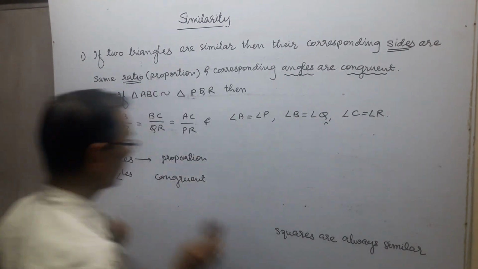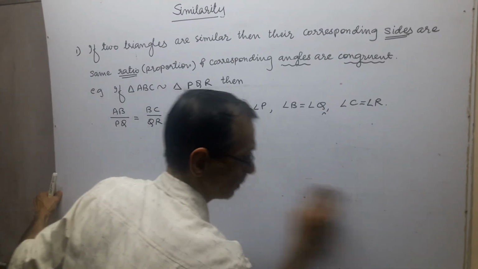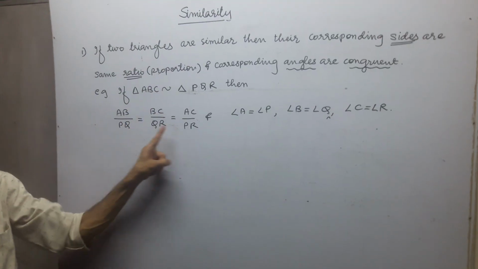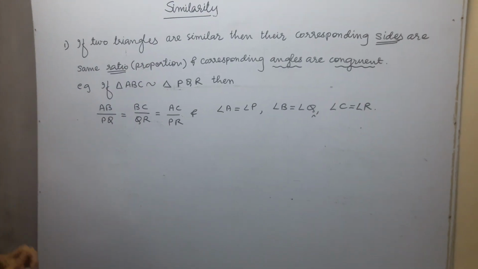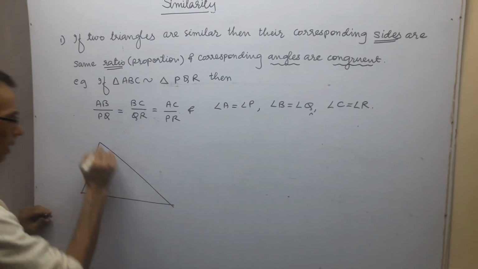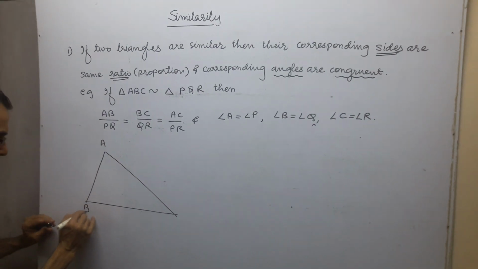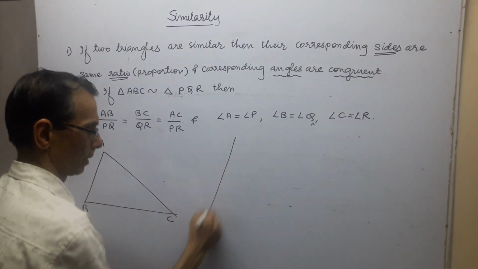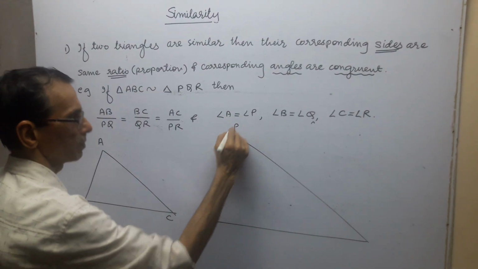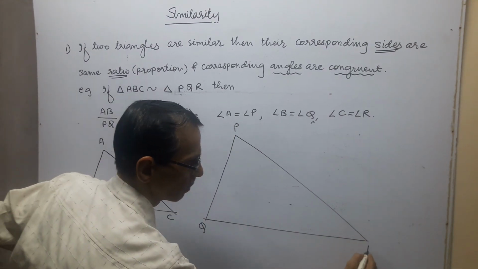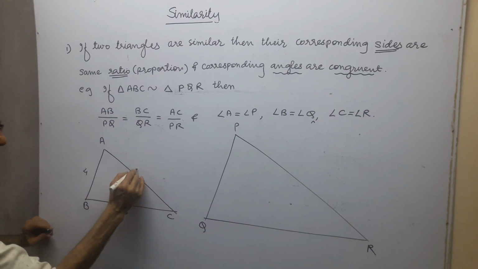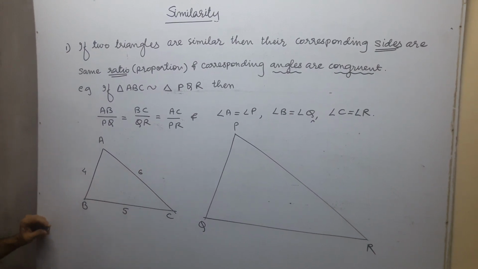So if two triangles are similar, then the corresponding sides are in the same proportion. Once again, here is triangle ABC, and here triangle PQR. Suppose AB is 4, BC is 5, and AC is 6 centimeters.